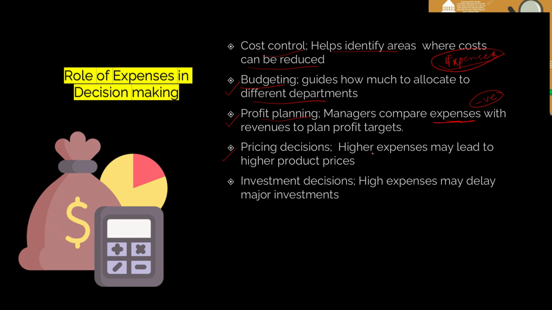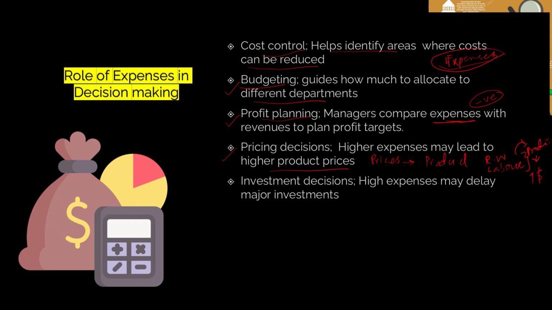Pricing decisions. Higher expenses may lead to higher product prices. That is the reason why the price burden is shifted onto the shoulders of the customers through the product. If the production cost is high, say the cost of raw material and the cost of labor were already high, this cost is going to be shifted into the product, and then finally the product user gets it at a high price.